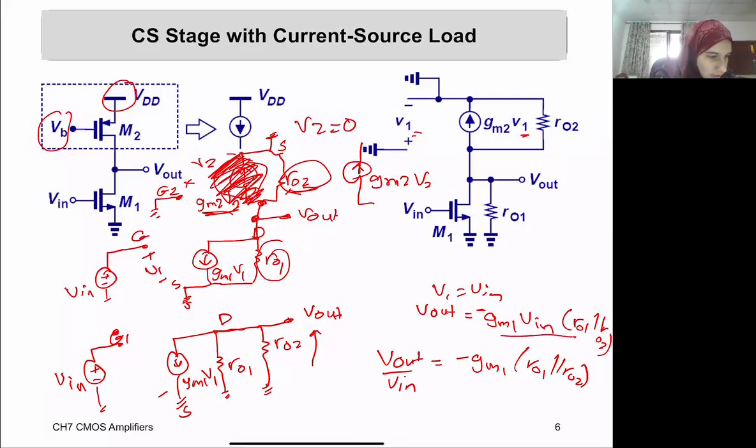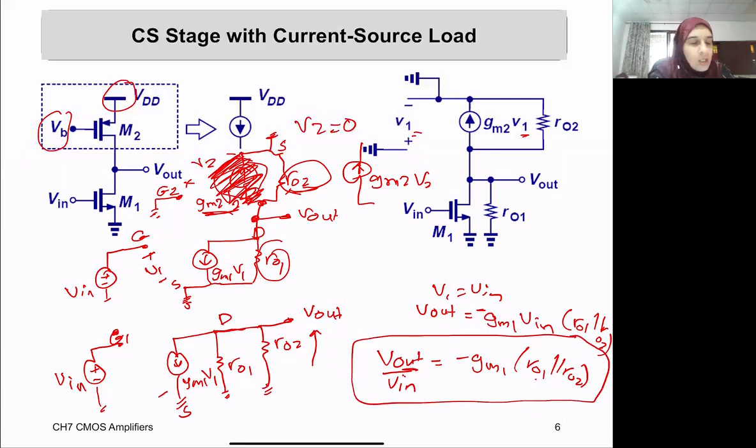So now we get the gain, which basically equals V out over Vn equals minus GM1 times R out 1 in parallel with R out 2. Now, if you remember the previous gain, which we did last class when it was a resistor, it was V out over Vn equals minus GM1 times R out 1 in parallel with RD.